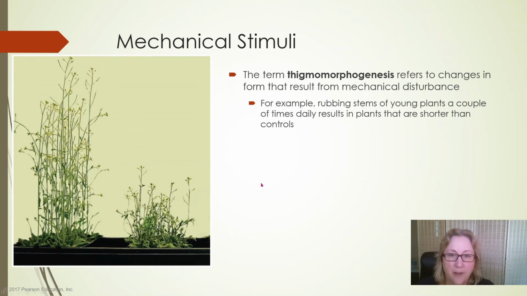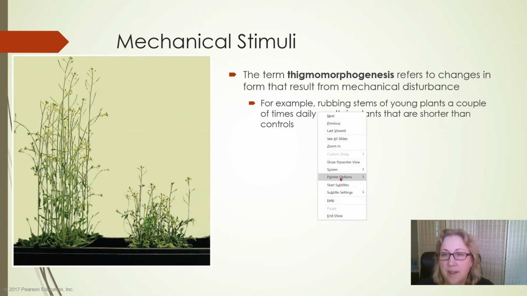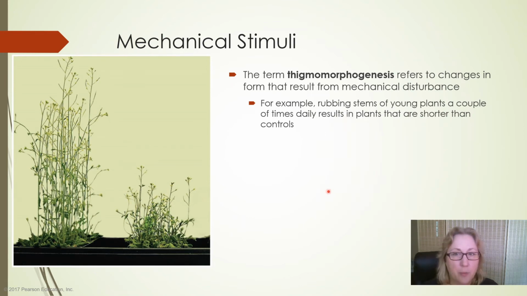Plants also respond to mechanical stimuli, and this is sometimes a surprise that plants that are touched constantly, it can actually inhibit their growth and affect their growth and stunt them. So here's again our favorite experimental organism in the plant world, Arabidopsis, and the plants on the right were just touched a couple of times a day.